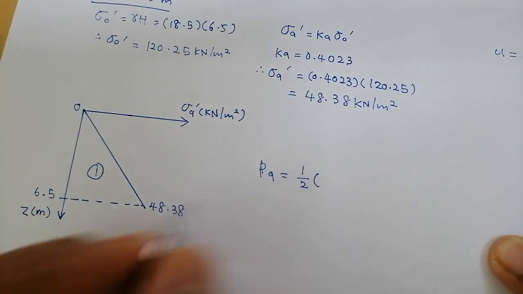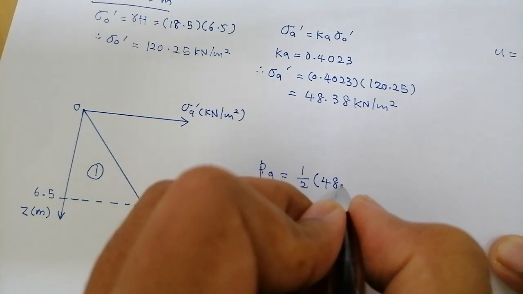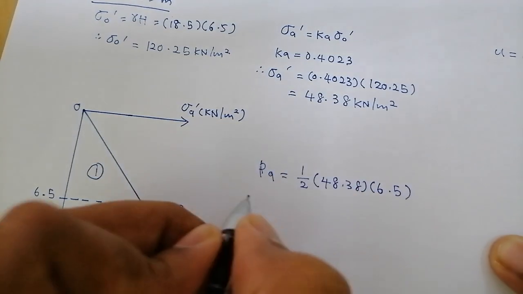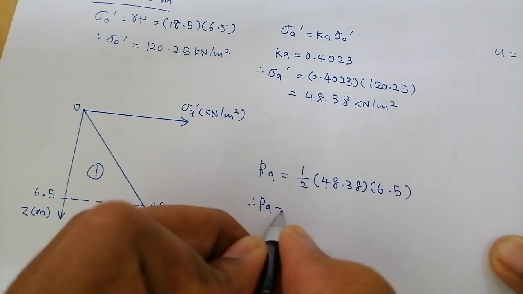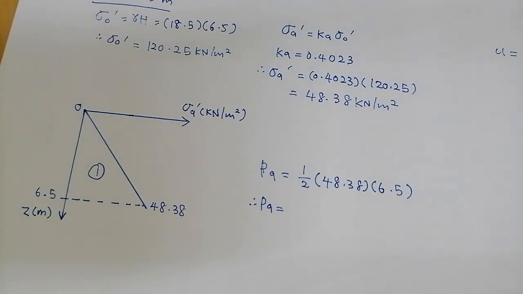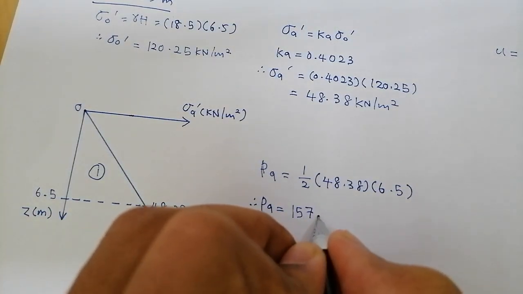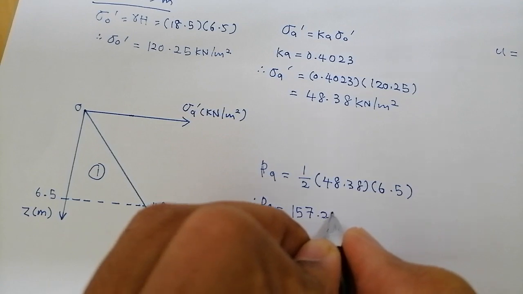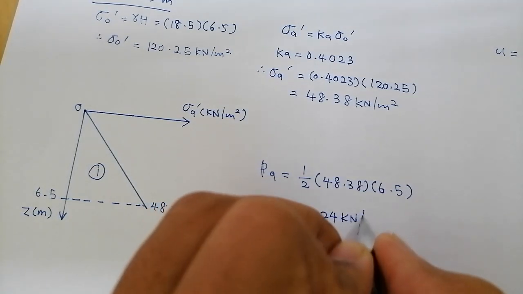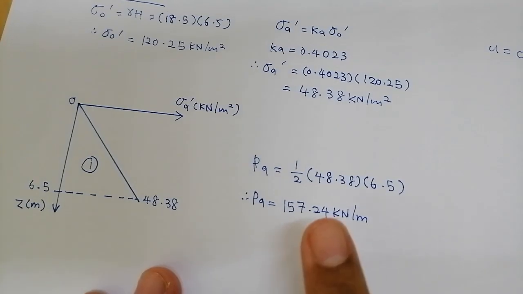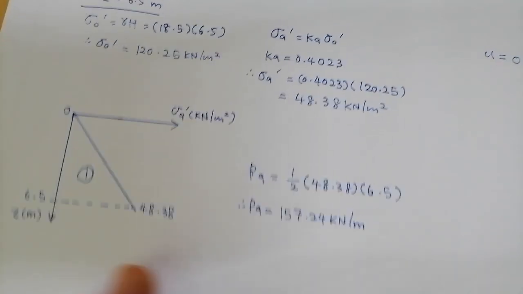Area is half times the base, 48.38, times the height, which is 6.5. Therefore, our PA is, please bear with me, 157.24 kilonewton per meter. All right, so we got our PA already.